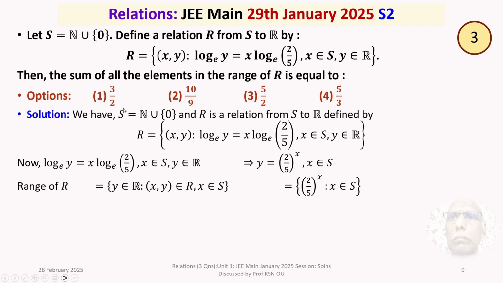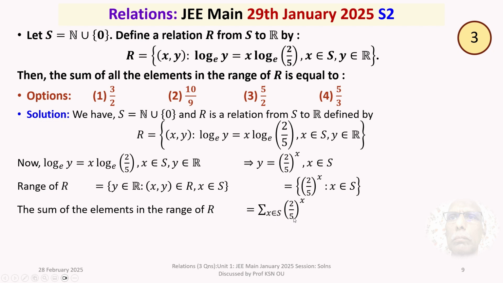What is wanted? We want to find the sum of all elements in the range of R. In this range, these are the elements, the sum of all of them. The sum of the elements in the range of R is sigma (2/5) to the power of x, where the summation runs over x belongs to S. Take x equal to 0.